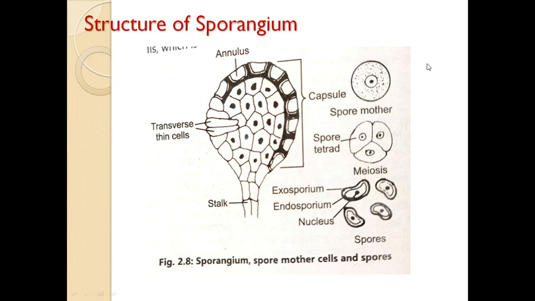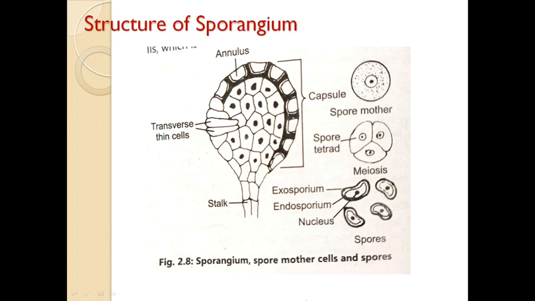After the meiosis, forming 4 haploid spores, therefore each sporangium contains 64 spores. See, these are the kidney shaped haploid spores.